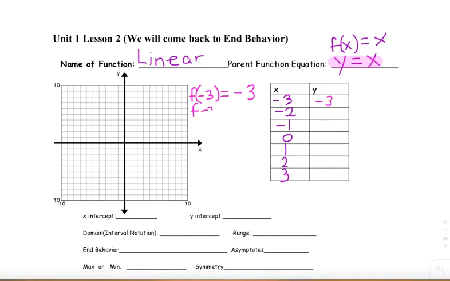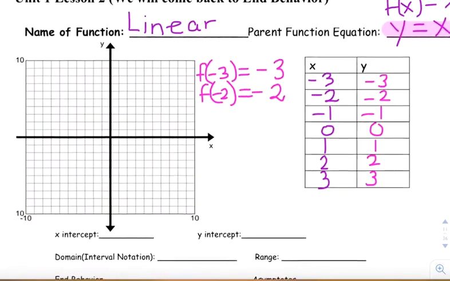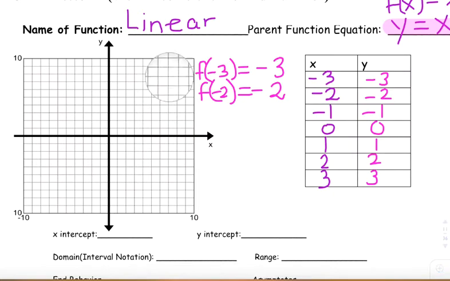F of -2, therefore in this case, will yield -2. And as we know with the linear parent function, our inputs are equal to our outputs in the parent function. We want to make sure we have accurate graphs, so we would then go ahead and just graph this accurately.